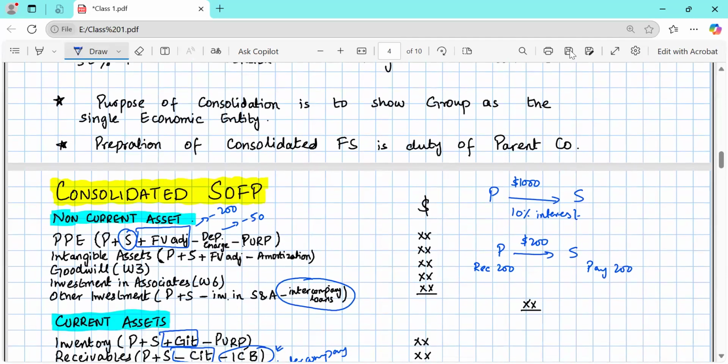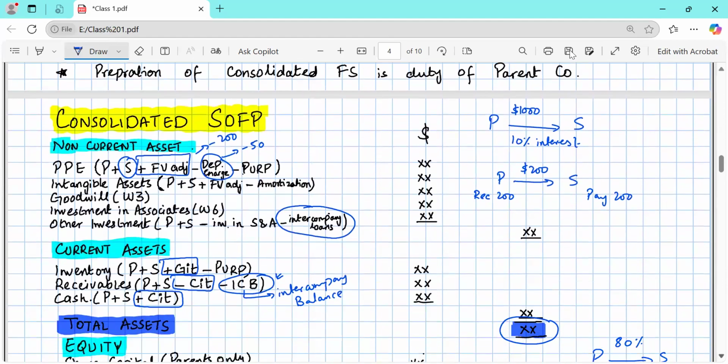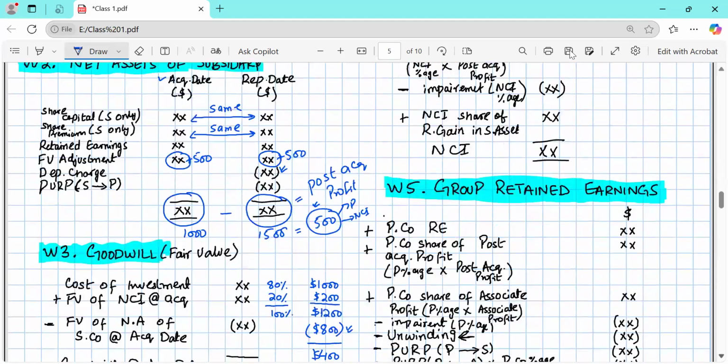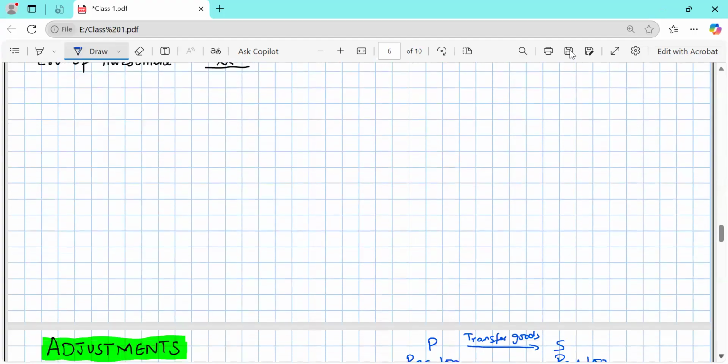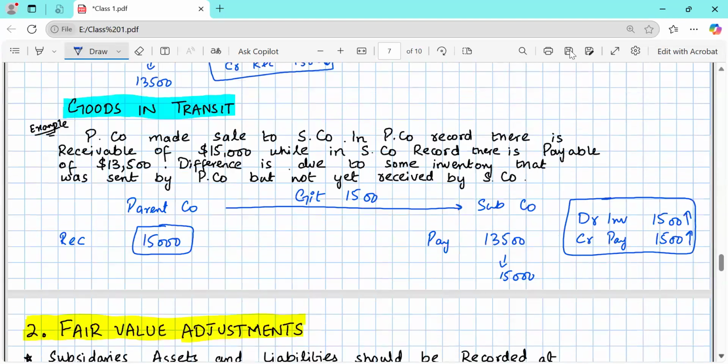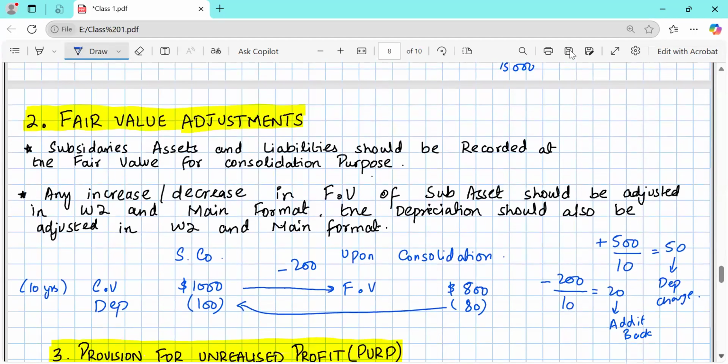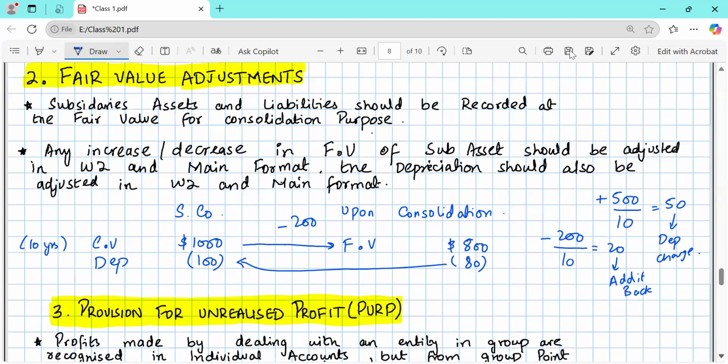Now it will not be the depreciation charge. Here you will write depreciation reversal or add back depreciation. Okay. So you will add it back here. Got the point? Yes. So this is how the fair value adjustment works. If there's any increase in the value of the asset, record that increase in the main format and in working two.